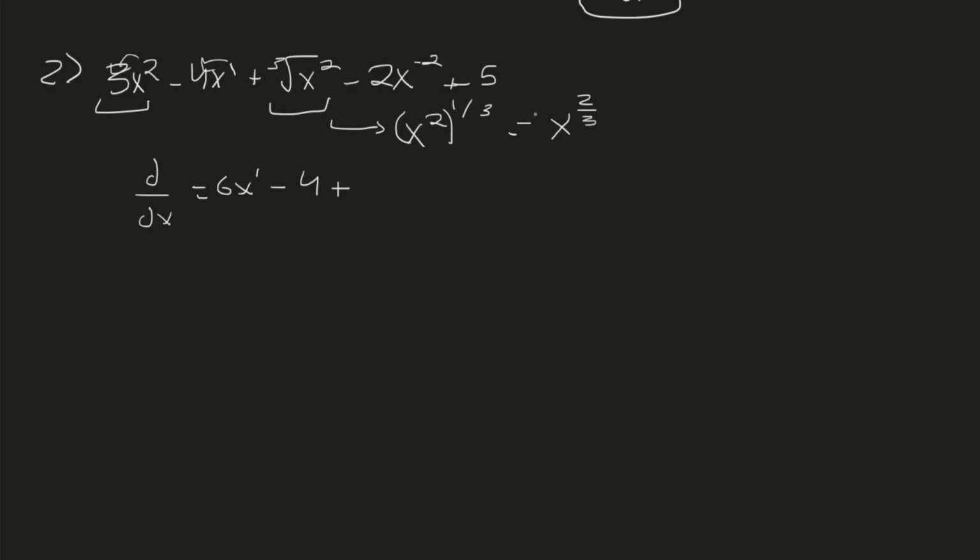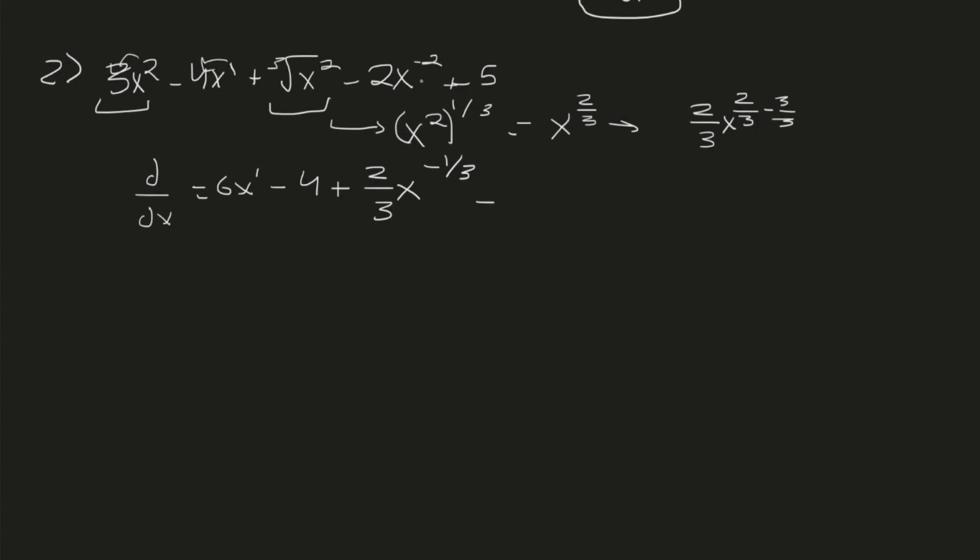So x to the 2/3, taking the derivative of that will give us 2/3, because we moved the 2/3 out front, times x to the 2/3 minus 1. And in fraction form, we can just write that as 3/3. So 2/3 x, and 2/3 minus 3/3 will give us a negative 1/3.